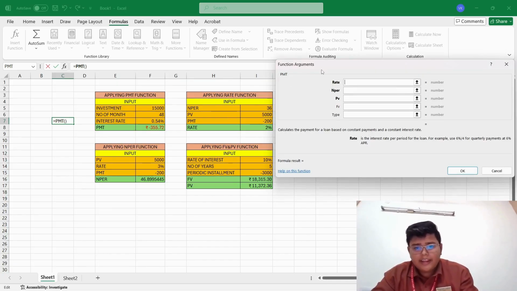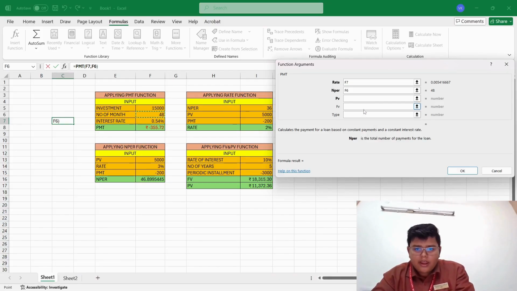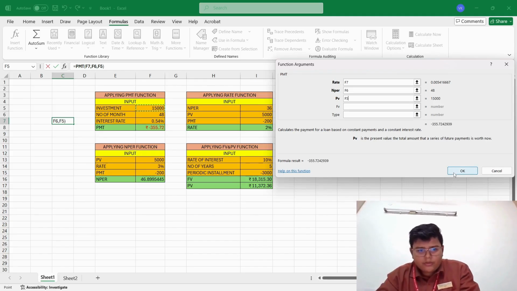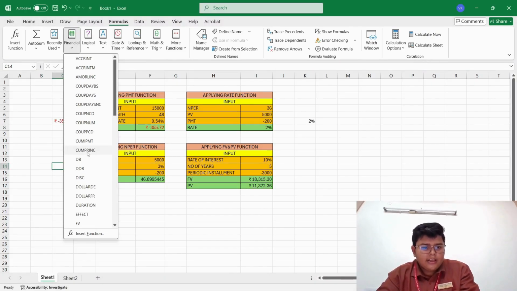Then it is asking for rate, NPER, and PV. The rate is 0.4554, NPER is 48 months, and PV is 15,000. Then you click OK. It gives the same value as we found earlier.